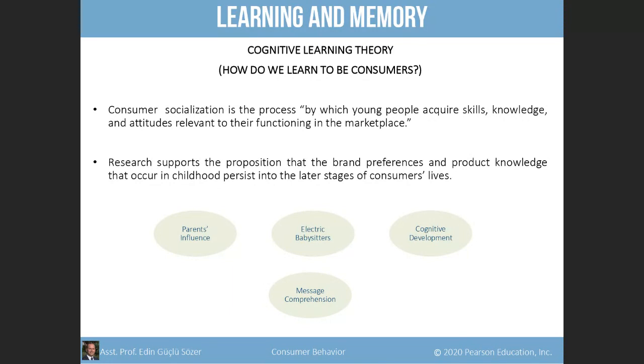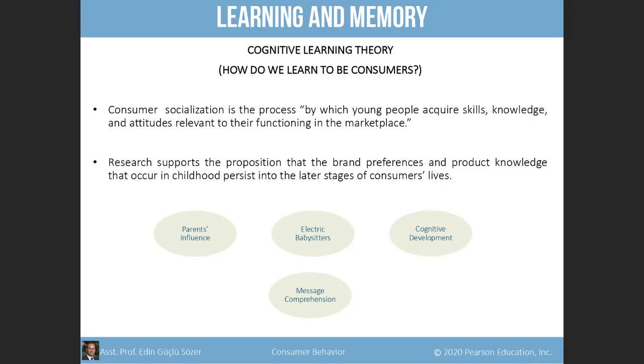So every person, every individual, has some type of consumer characteristics, consumer personality. Every person has different tastes, preferences, wants, needs, right? So these are shaped in the process of consumer socialization.